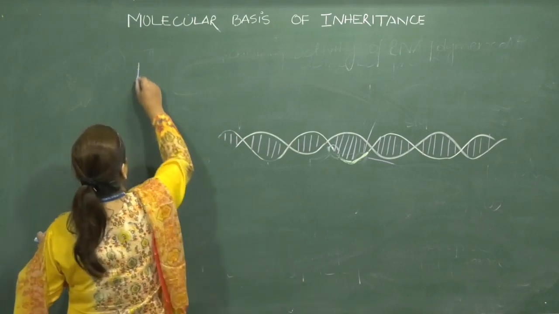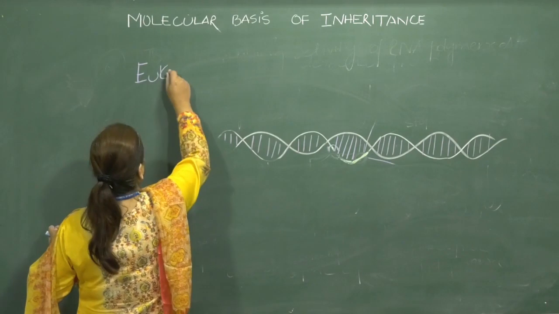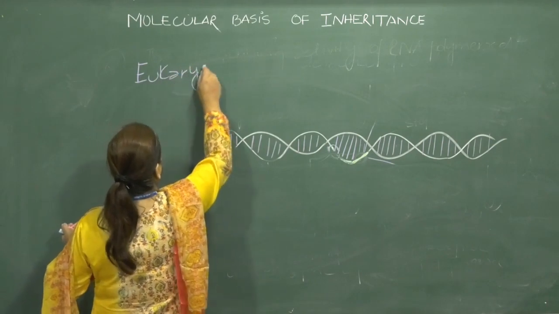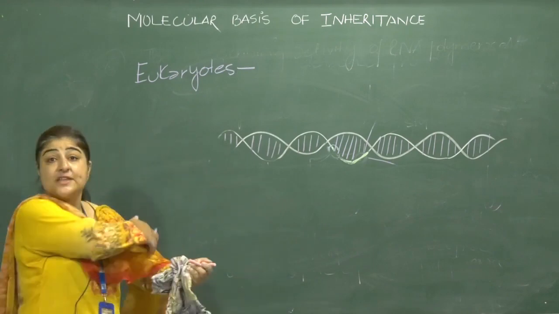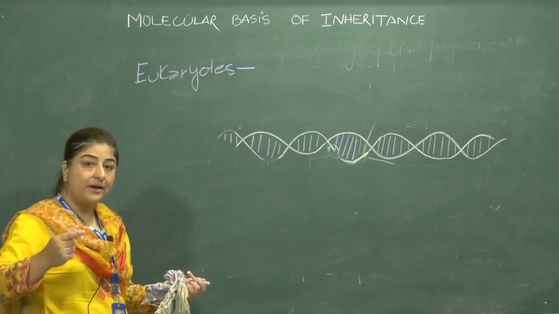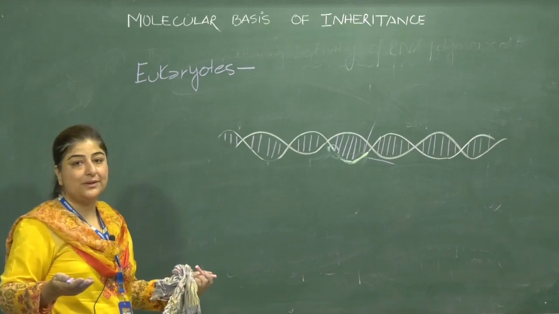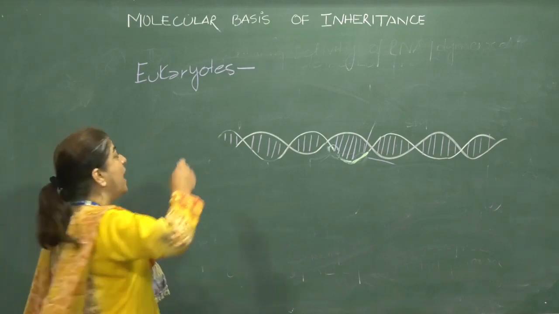Now when we talk about eukaryotes, as I said, sigma factor is not there, so RNA polymerase just binds with transcription factor 2 and 3.